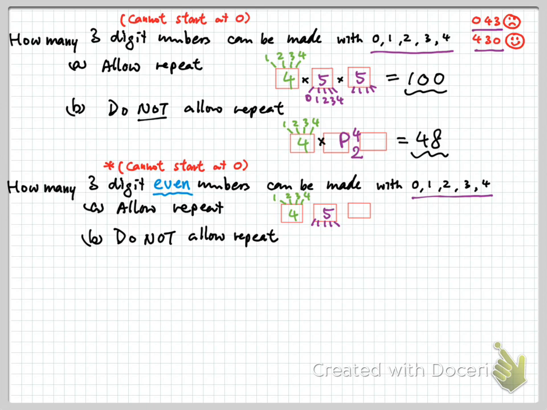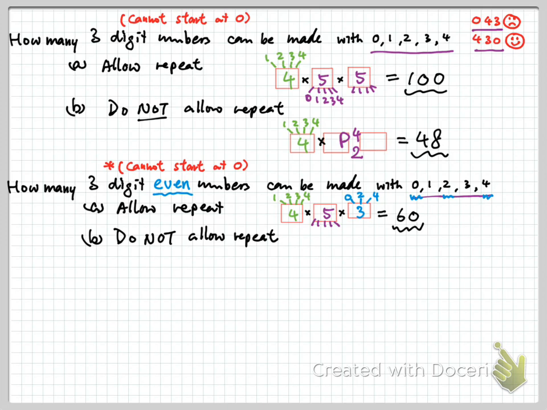And for the last digit, it must be an even number, so it is down to ending at 0, 2, or 4. So there are 3 options for the digit on the right hand side. You multiply all of them together, and the answer goes to 60. There are 60 3-digit even numbers you can make if you allow repeat.